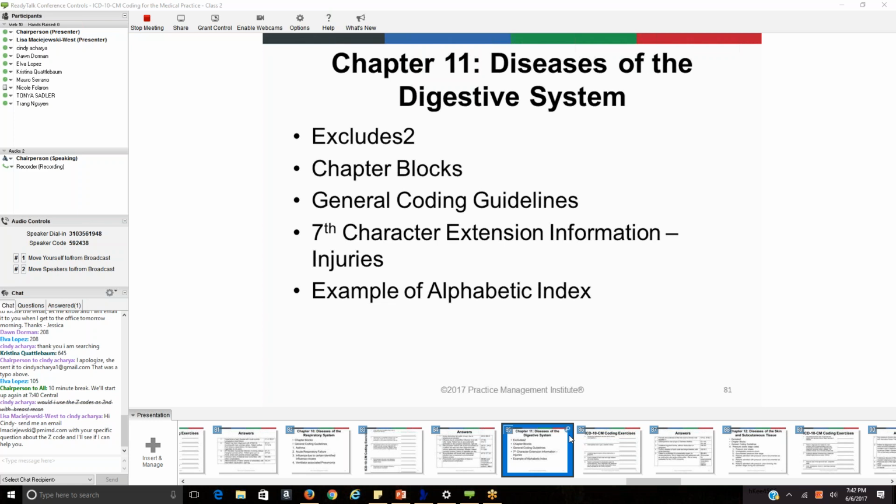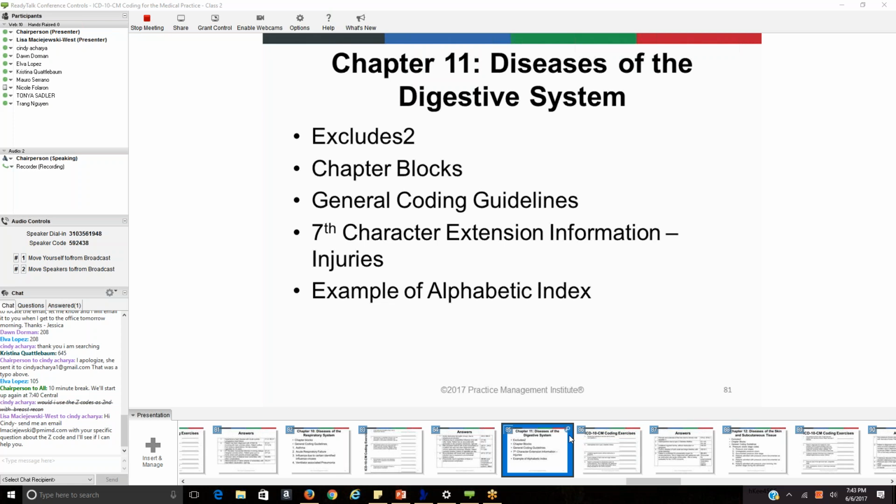which are abdominal wounds. Now, abdominal wounds aren't going to be found in Chapter 11. They're going to be found in Chapter 19 under the S codes. That would be the open wound of the abdomen, lower back, pelvis, and external genitals. And then under those codes, you would code also any associated spinal cord injury and so on and so forth.